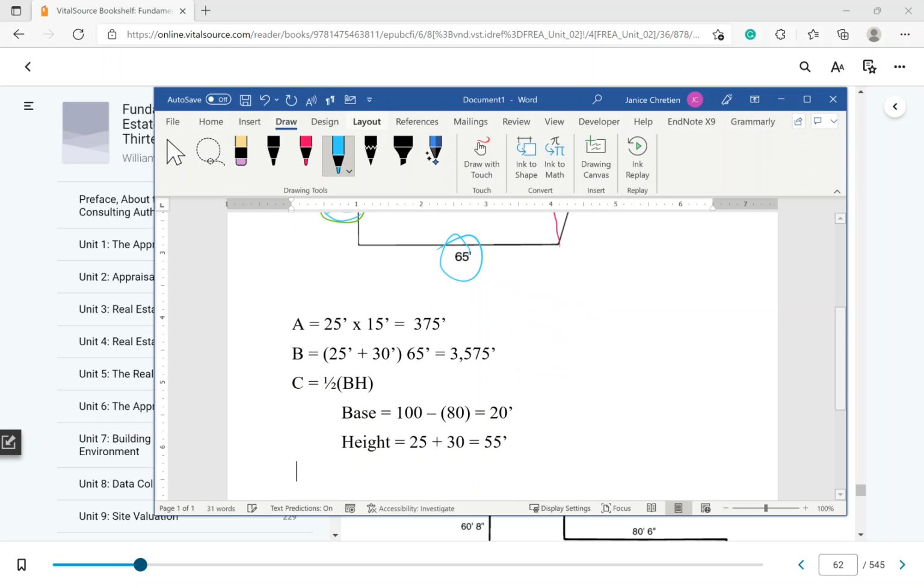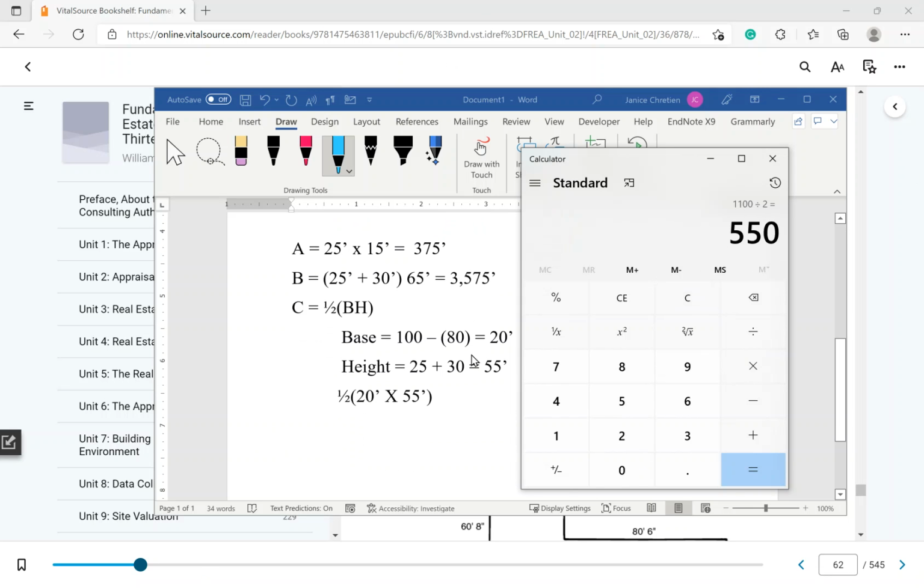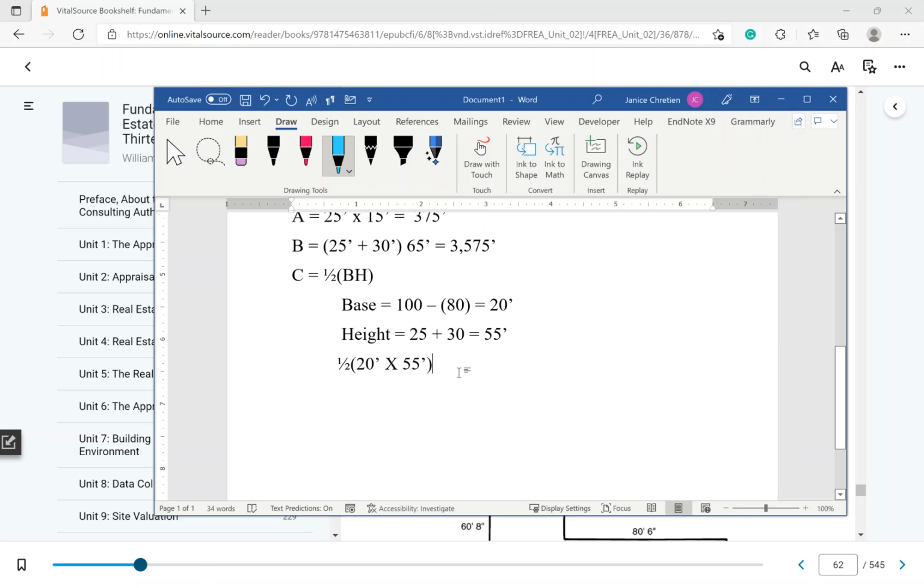So now I can say 1/2 of 20 feet times 55 feet. So let's clear this, and we'll say 20 times 55 divided by 2, because I want half of it. So the answer to C is 550 feet.